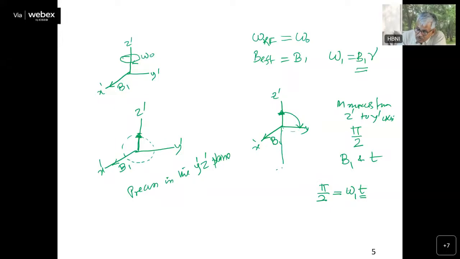It is rotating, it does not just stop there. We give the B1 field for a particular time so that it reaches the y-axis. We call this t pi by 2. If you give enough time, it will reach pi, and we call this t pi. Similarly, if you keep it further, it will keep on moving, because it has a rotational frequency of omega 1.